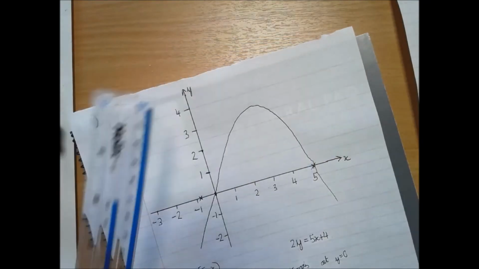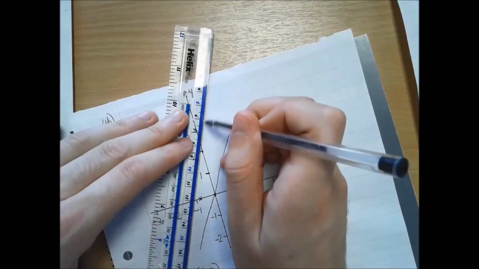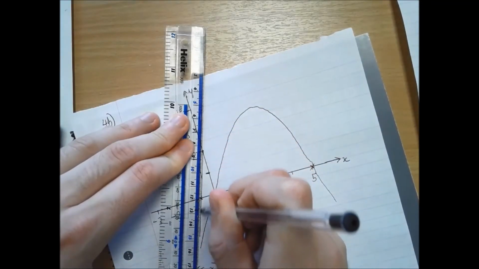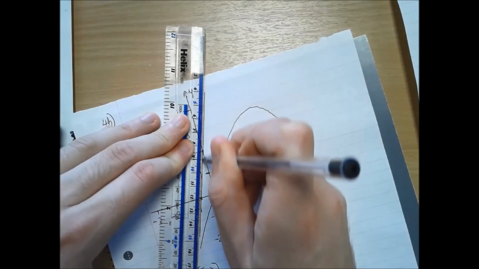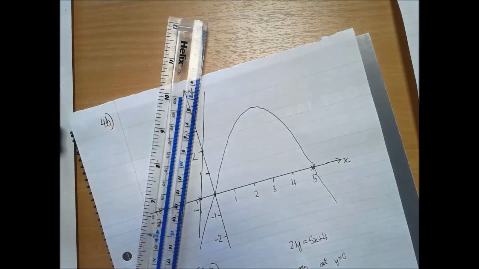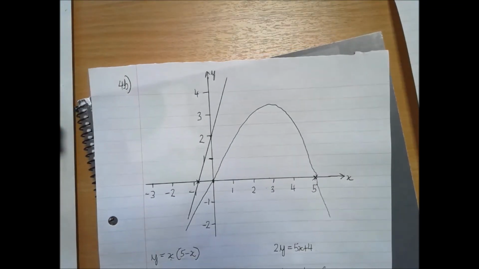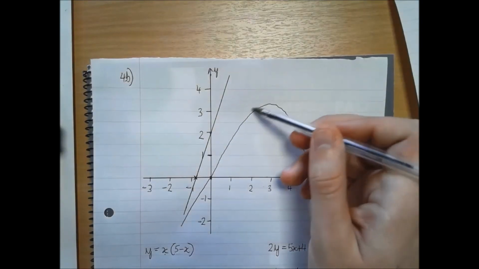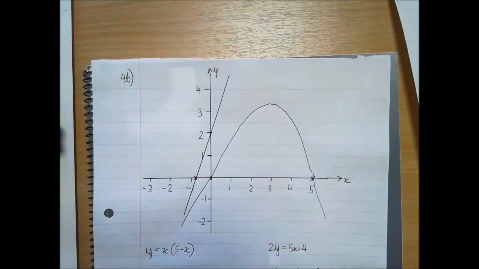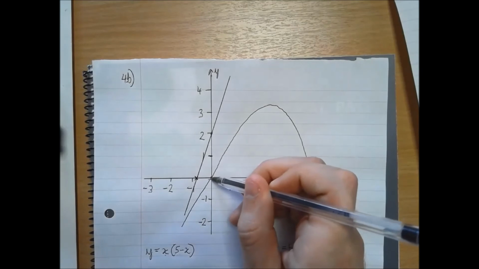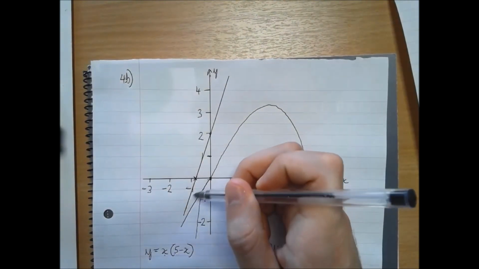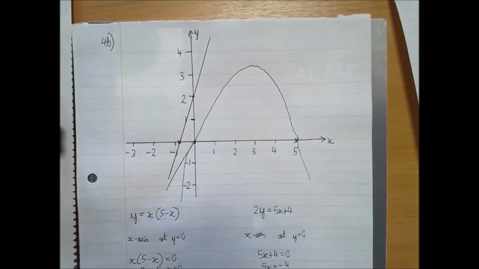Use a ruler, because it's a linear, we're going to have a line like that. Probably not the best drawing in the world, but hey. And obviously this shows it will not intercept. This should be a bit more curved downwards, I'd say, but just ignore this bit. And that's your final answer there.